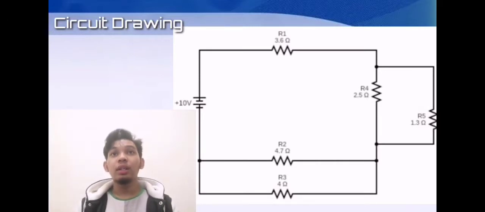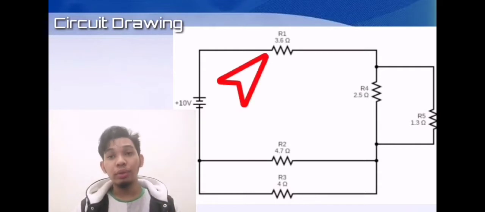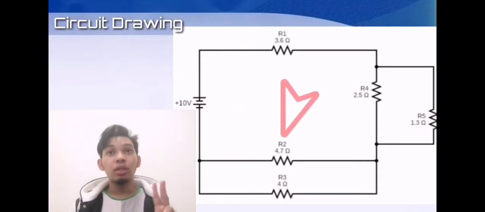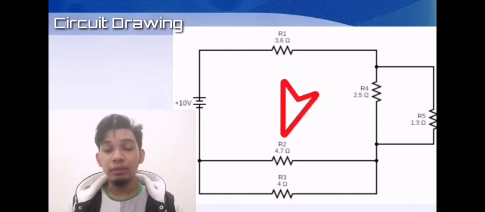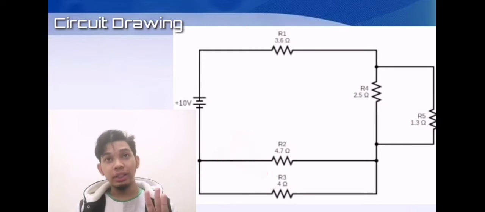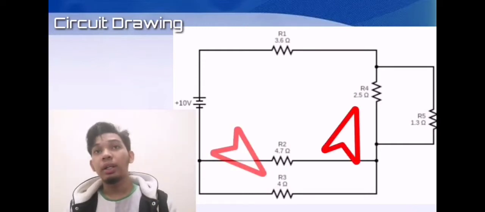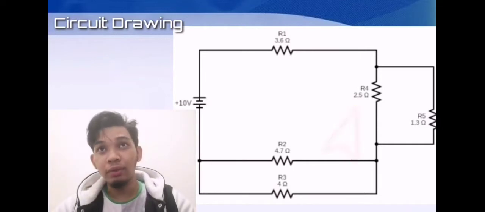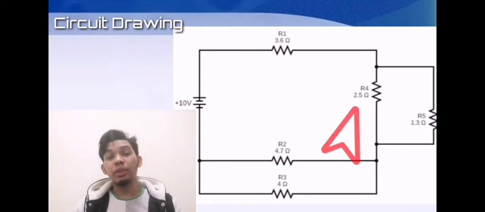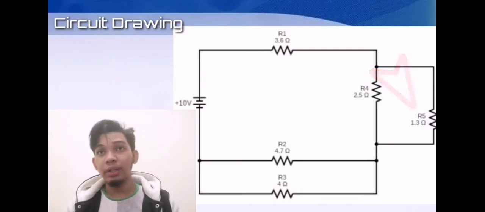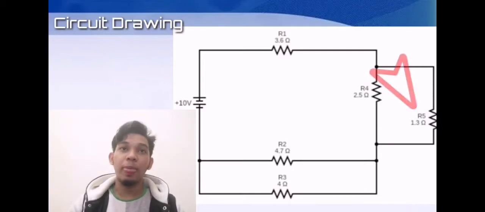Resistor number 1 or R1 with 3.6 ohms, resistor number 2 or R2 with 4.7 ohms, resistor number 3 or R3 with 4 ohms, resistor number 4 or R4 with 2.5 ohms, and last but not least, resistor number 5 or R5 with 1.3 ohms.